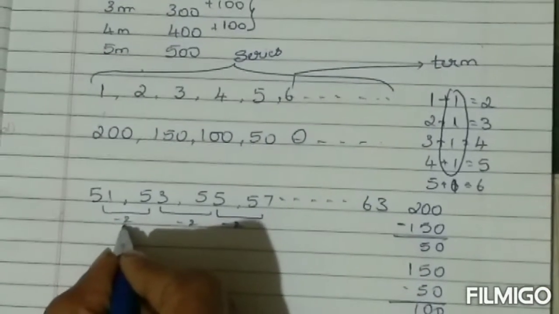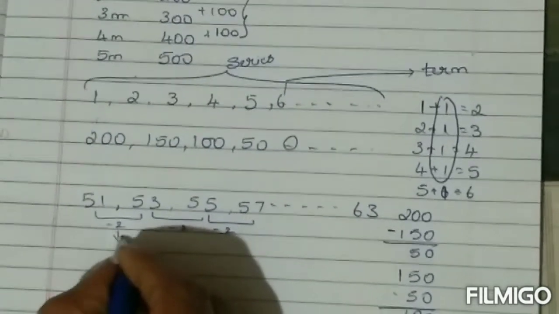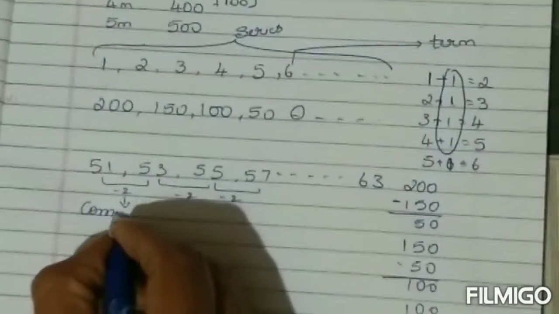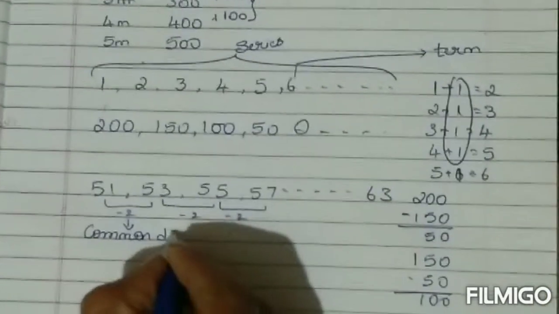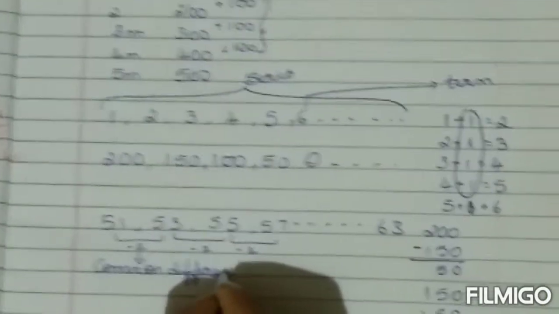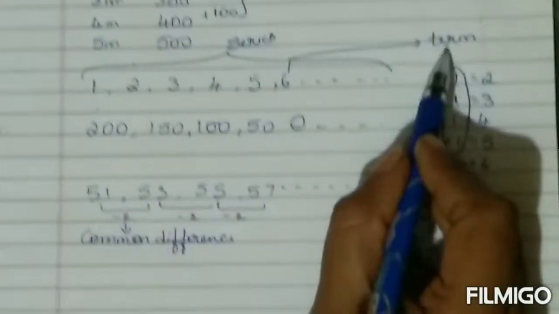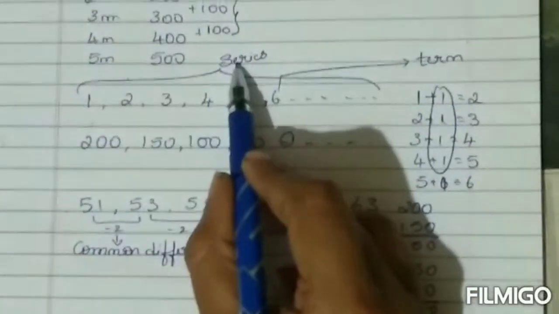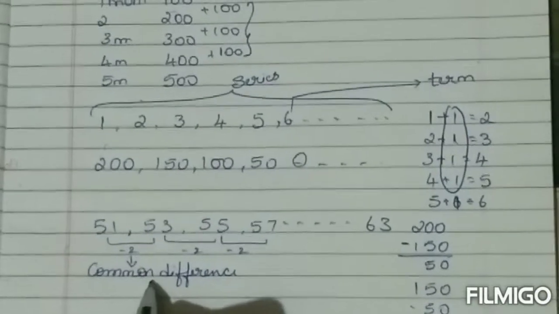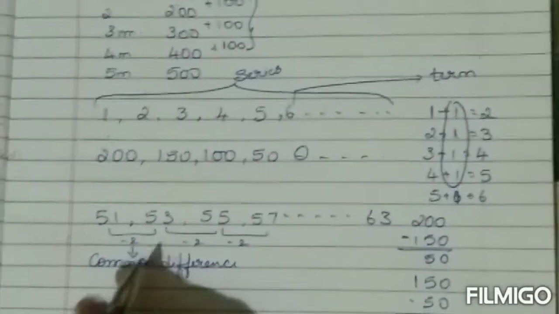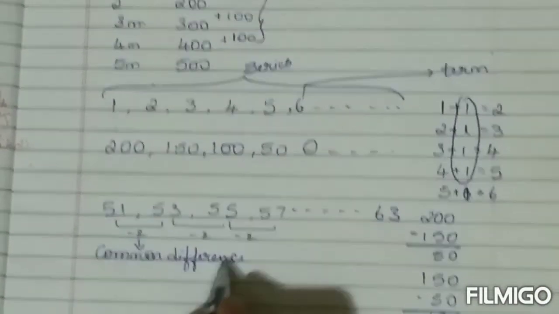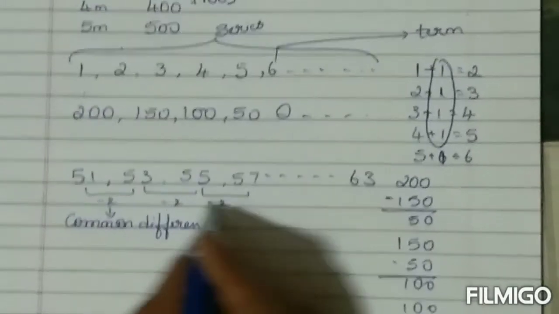What is this? Common difference. This is known as common difference. So you got to know which is term, series and common difference. So here the common difference could be negative also.